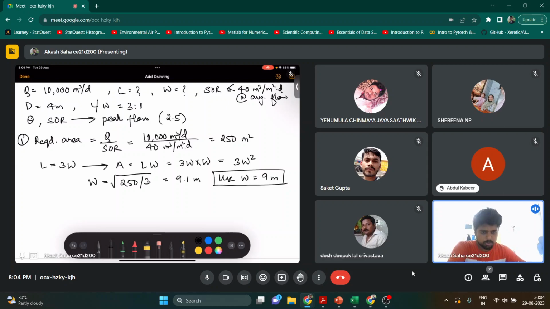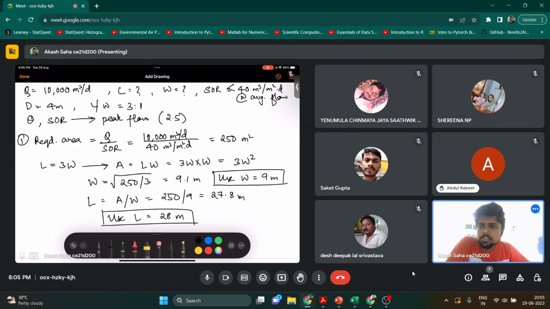If my W is 9 meter, my length will be equal to A by W, which is 250 by 9, that is 27.8 meter. So use L as 28 meter. In this way, we have found the dimensions of our basin as per the average flow.